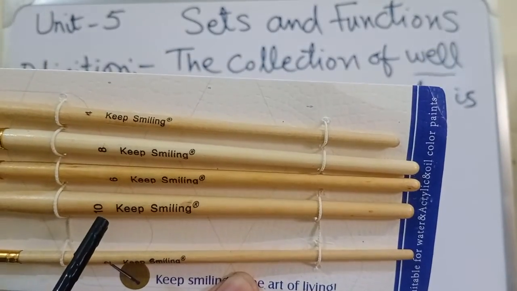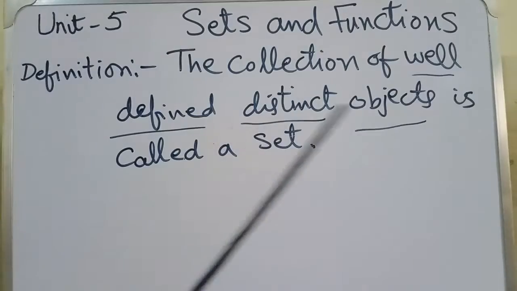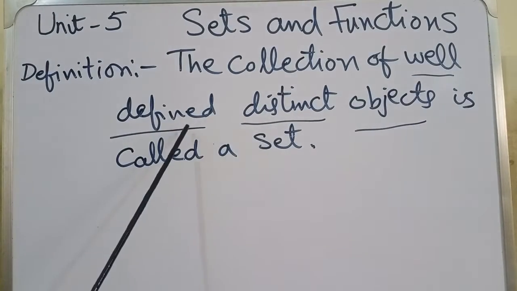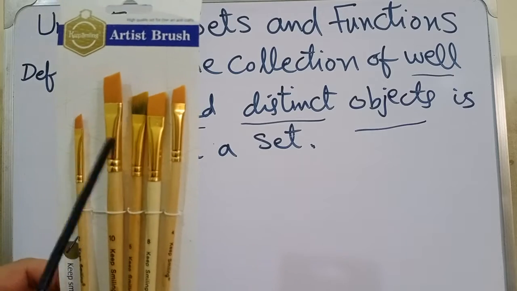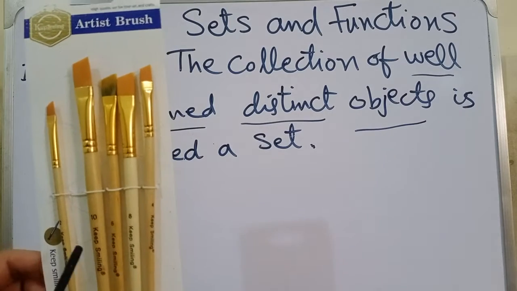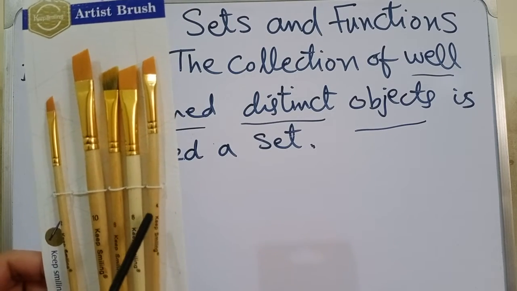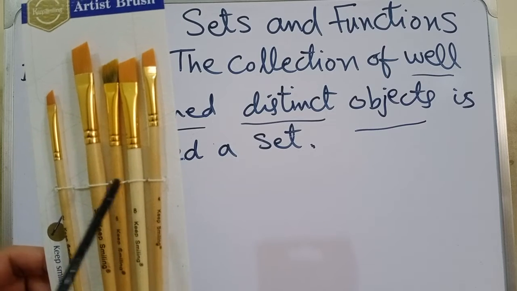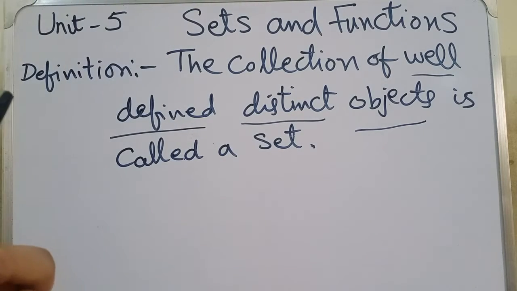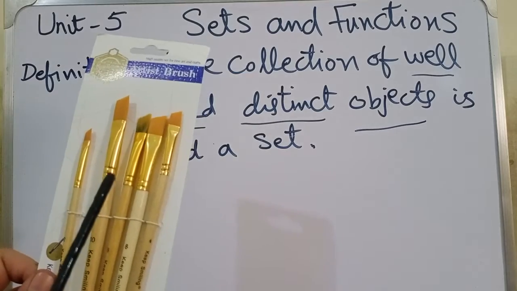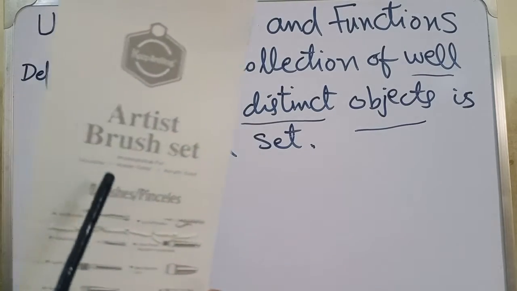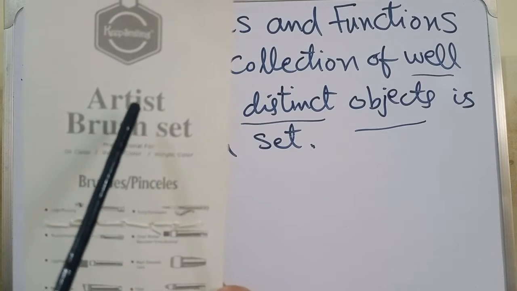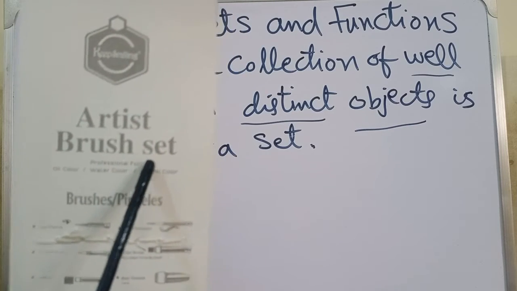These numbers show us that these brushes are well defined and distinct. We can count them and we can use them according to their need. This is an artistic brush set.